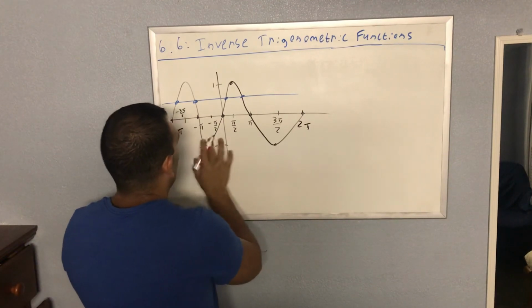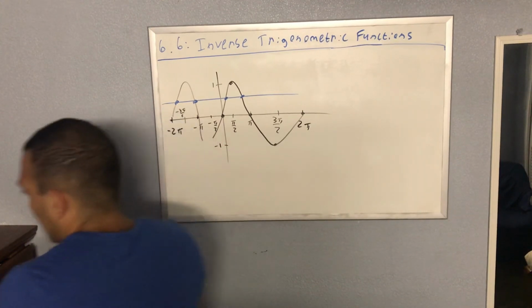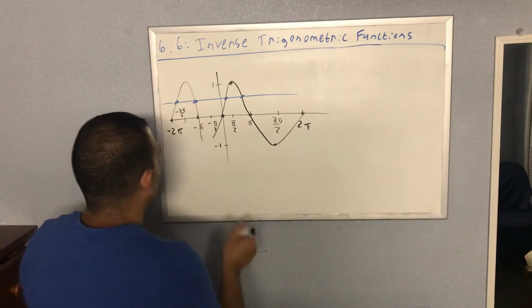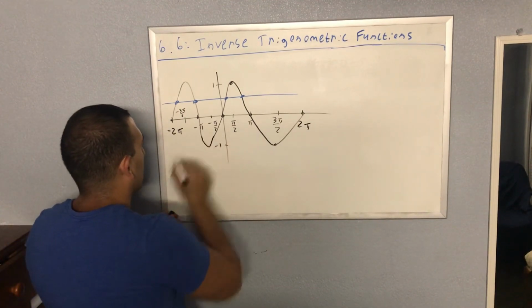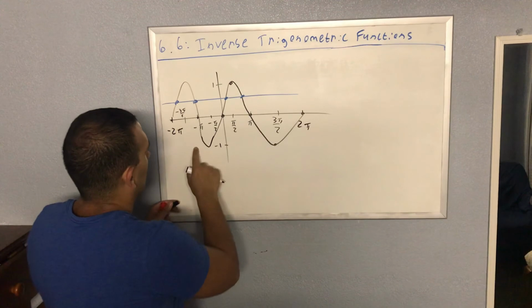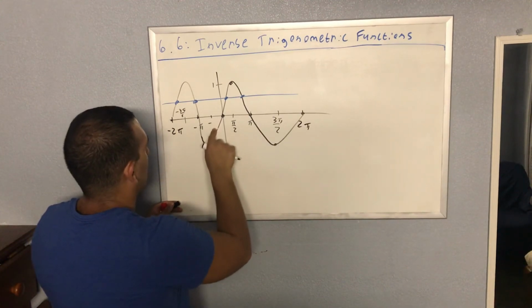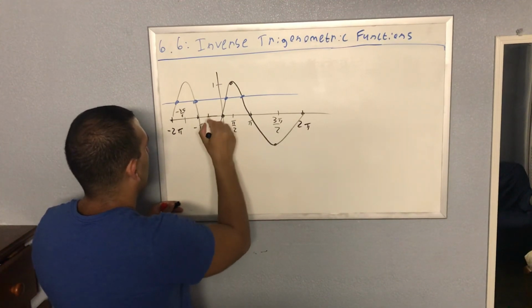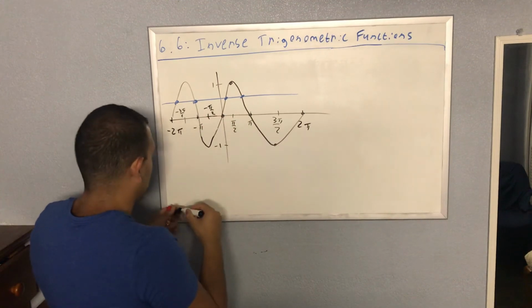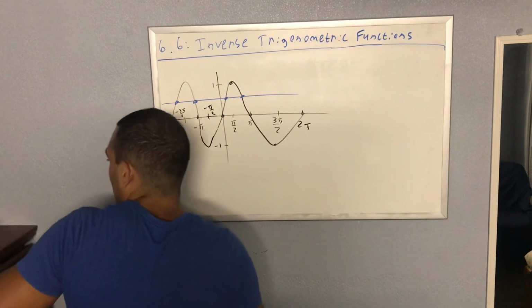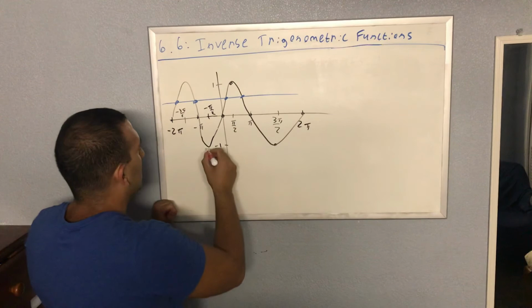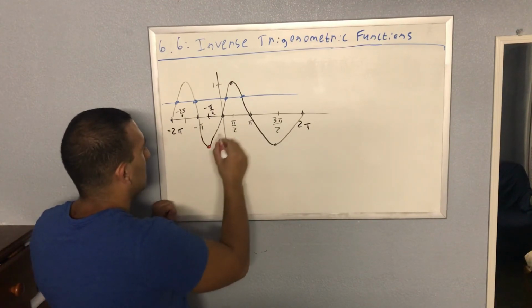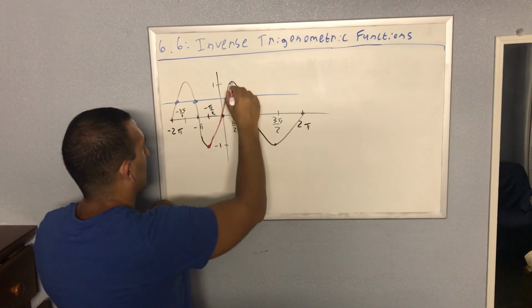This is drawn a little poorly, sorry. At -pi/2, it hits -1, and then there we go. Let me just align this a little better. There we go. -pi/2.